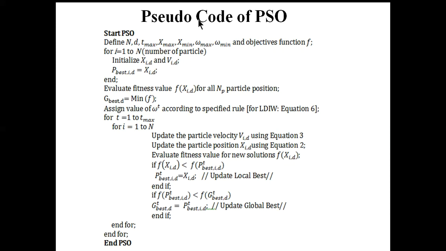X max is the maximum value of the position, and X min is the minimum value of the position that can be taken. W max is the maximum value of the inertia weight, and W min is the minimum value of the inertia weight. And we also have to define the objective function, obviously.